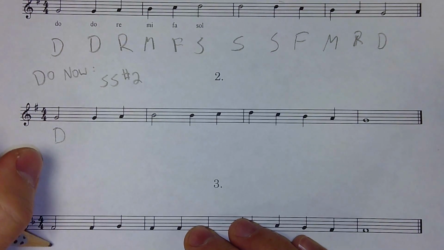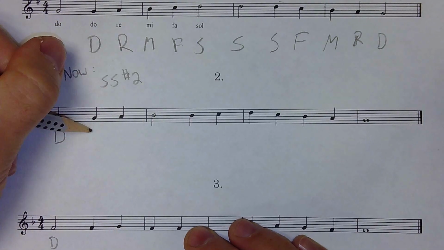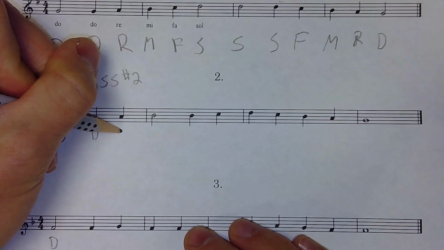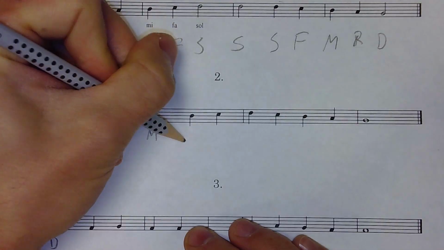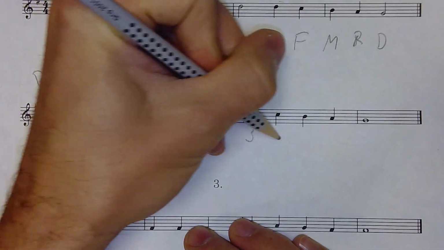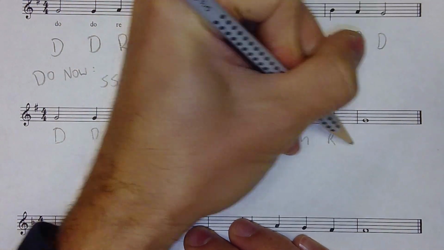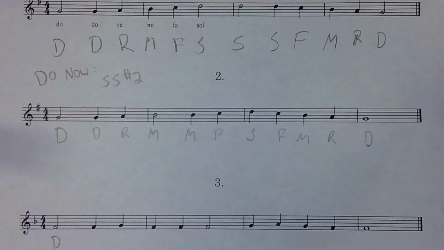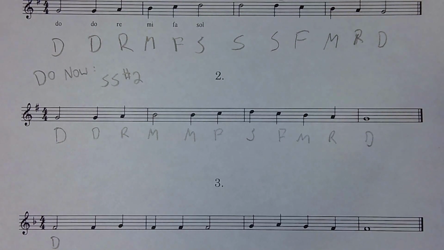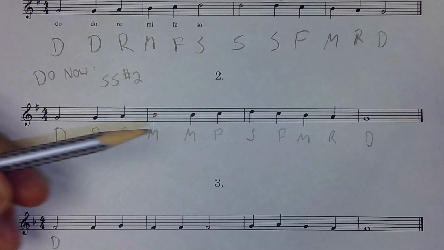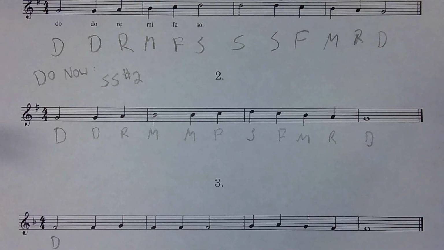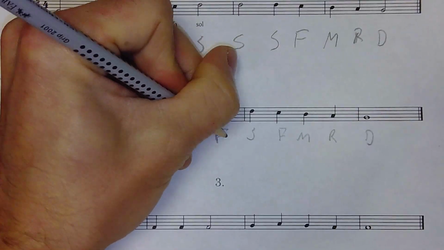They always start on do for this first unit, and they are always ending on do as well. For the first unit, they're always moving by step, so everything is always going to be right next to each other. That's a fa right there.